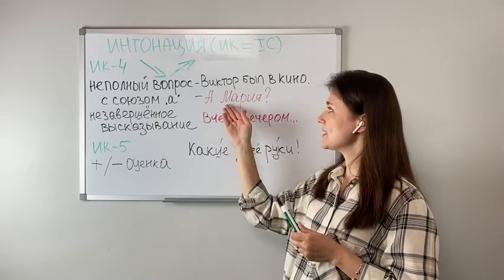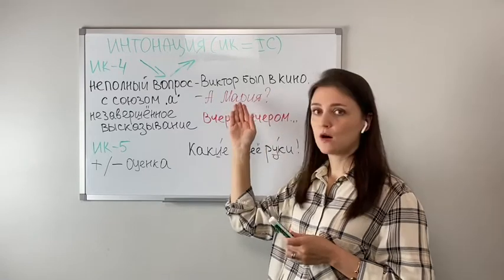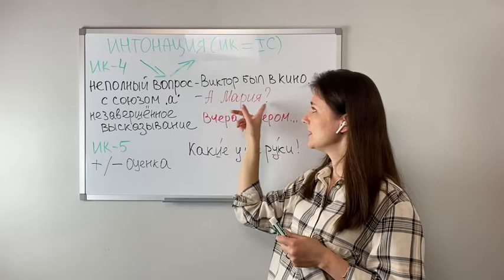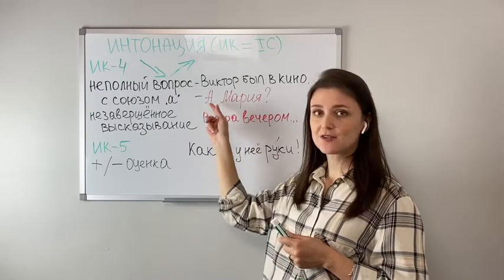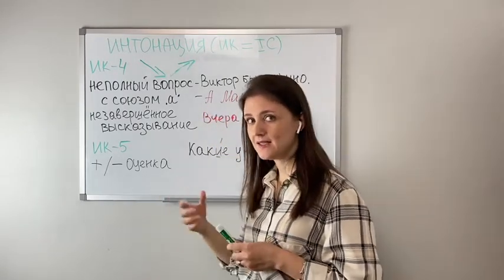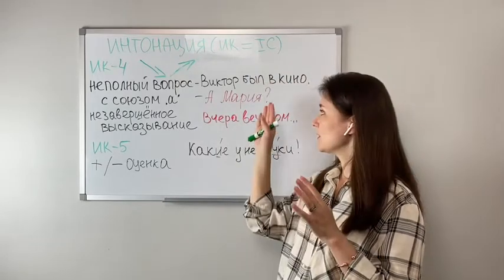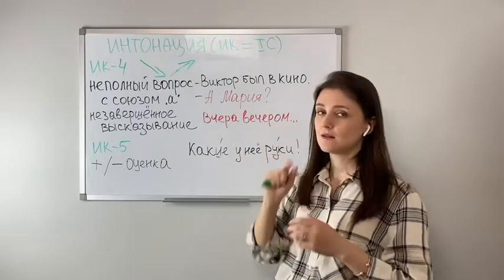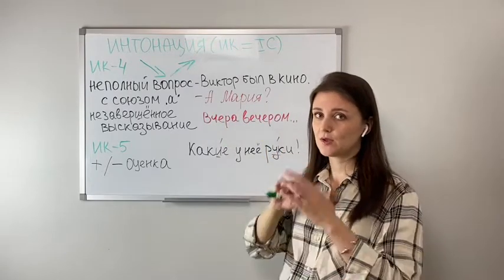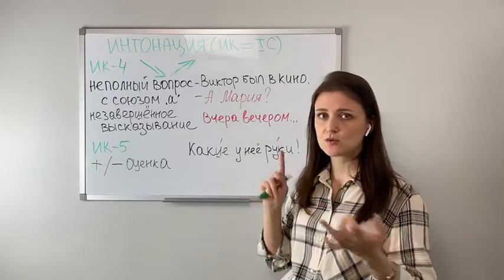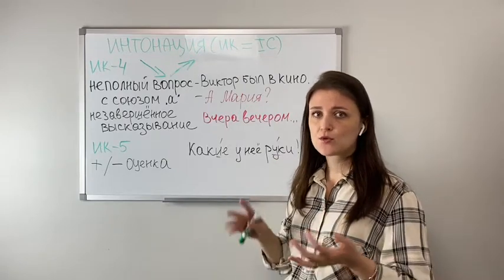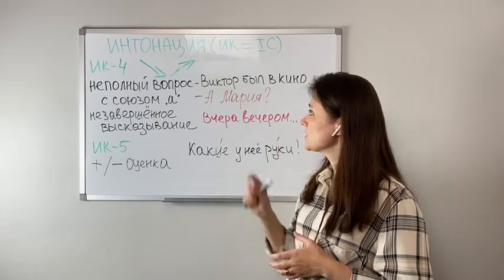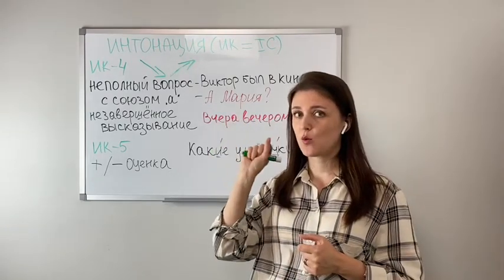So we stress the word in an incomplete question with conjunction «а». А Мария? This question consists of conjunction «а» and the name. That's it. We don't have question words, we don't have verbs, any other words. So this is a short incomplete question.